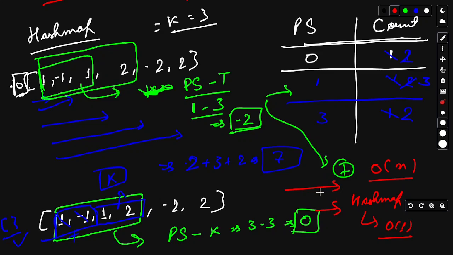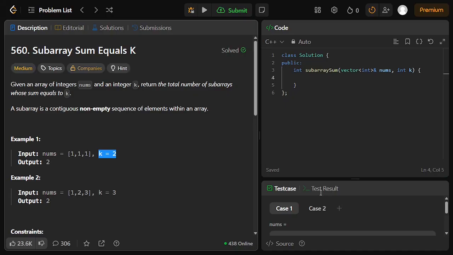The space complexity will be dependent upon the hash map, which would be big O of n. Okay, so let's try to implement this problem and see.